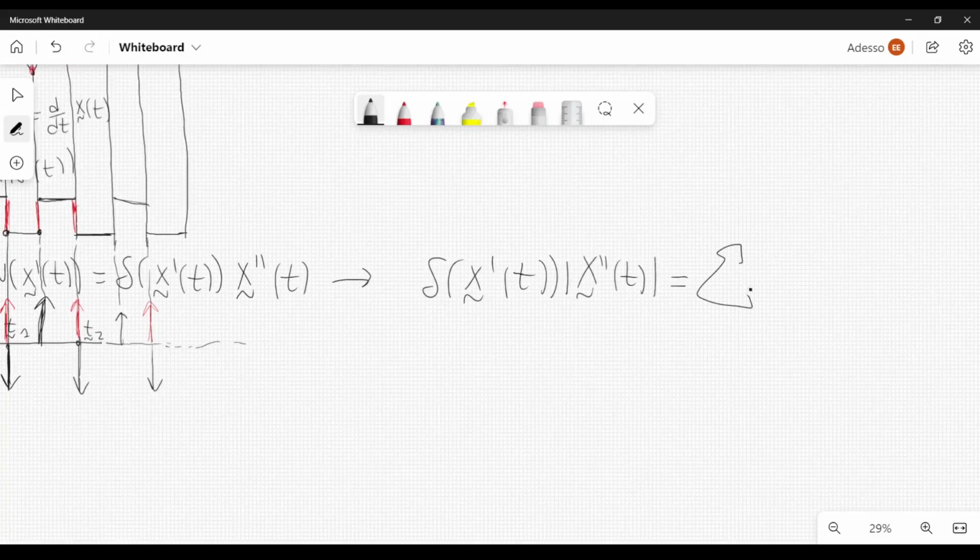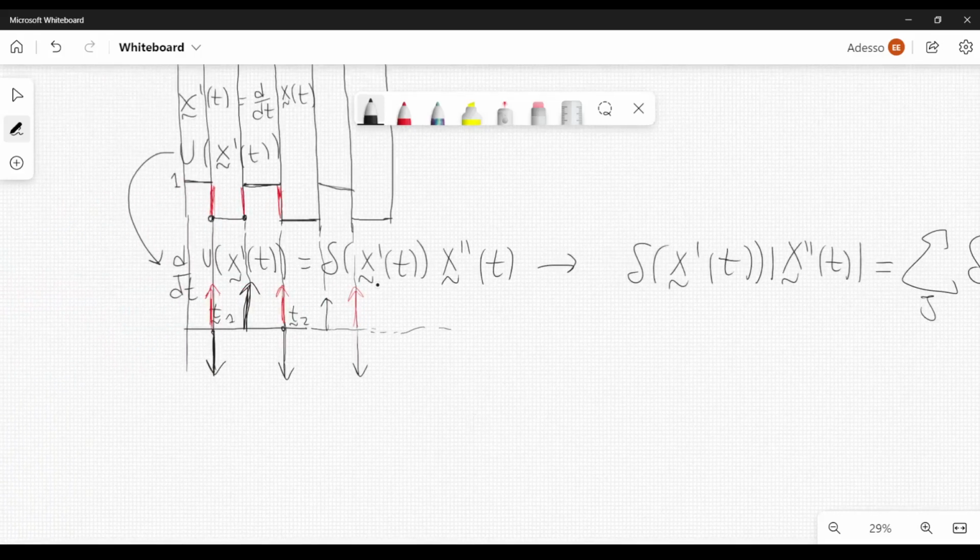You will have a summation over j of the Dirac deltas of t minus t tilde j. So this one is t1, then you should change a little bit notation, because then you have t2, which should be this delta here, because now you're considering all the deltas. So we call this t2, or if you want, you might have tk here.